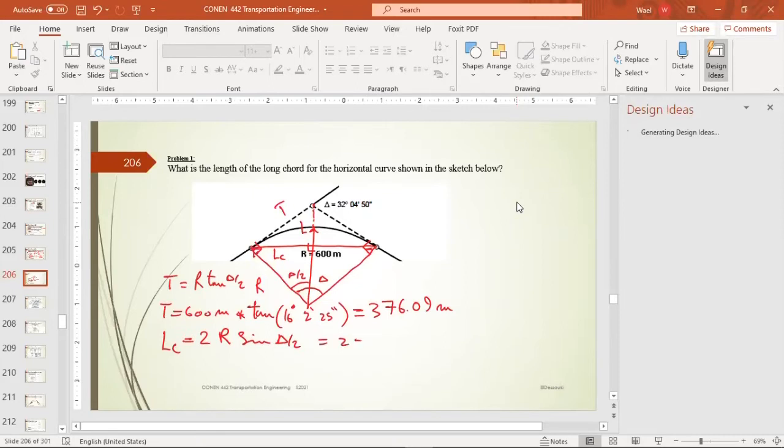So here it's 2 multiply 600 multiply sine 16 degrees, 2 minutes, 25 seconds. So LC.